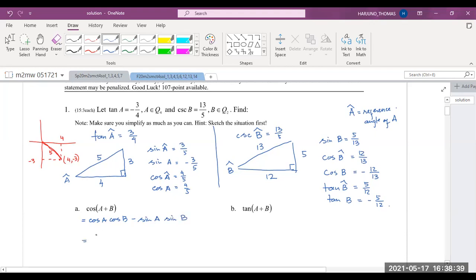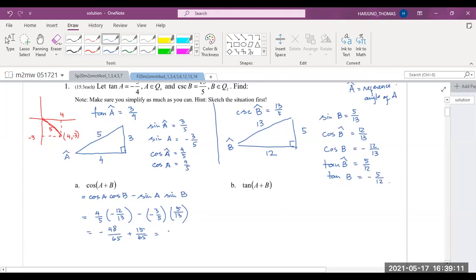Cosine A is 4/5. Cosine B is negative 12/13. Sine A is negative 3/5. Sine B is 5/13. So this will be negative 48/65 plus 15/65.